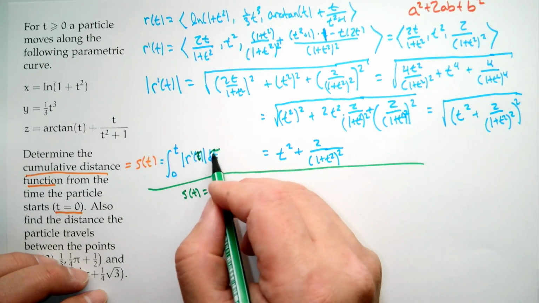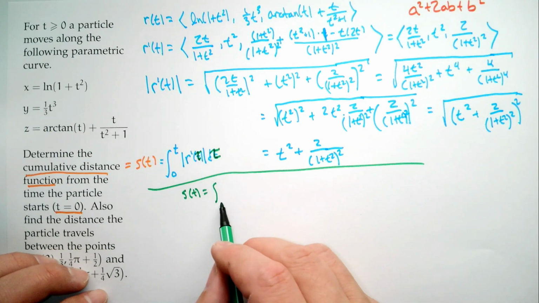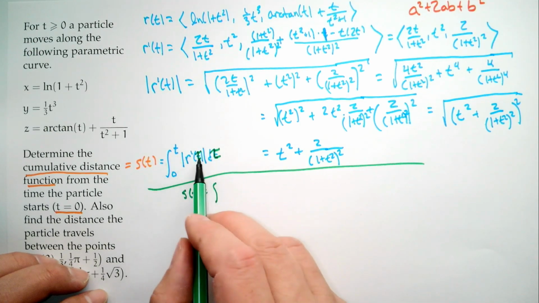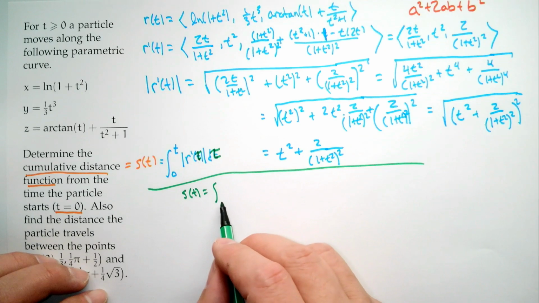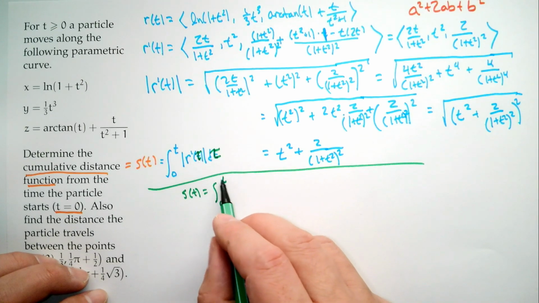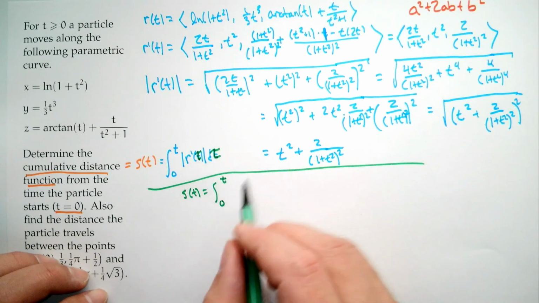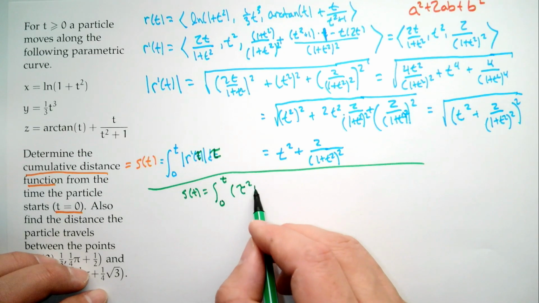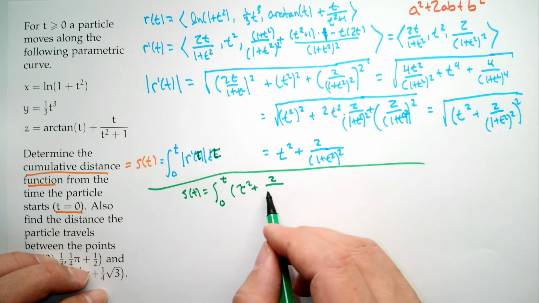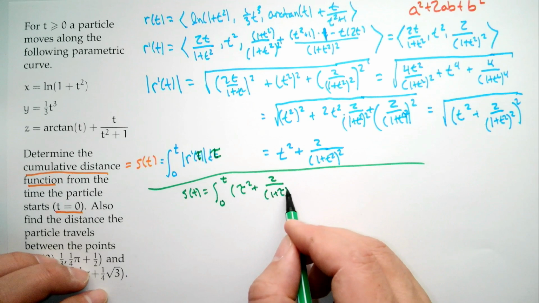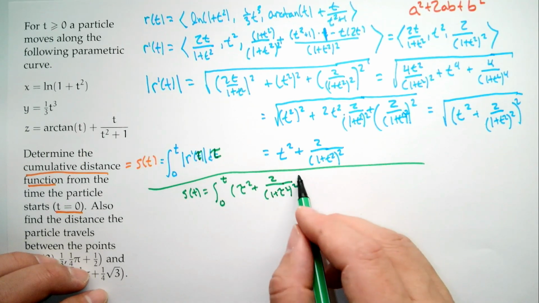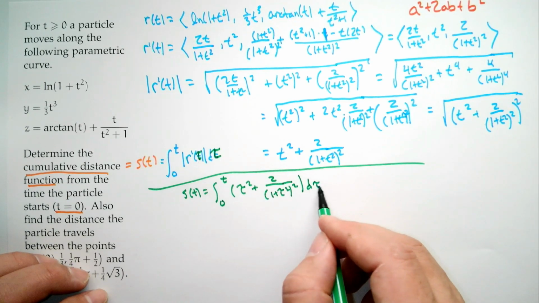We'll switch it to tau's. The reason is this t is different from the t that was in there. All right, integral from 0 to t of tau squared. You don't have to use a tau. Tau is just a fancy stand-in for t, d tau.